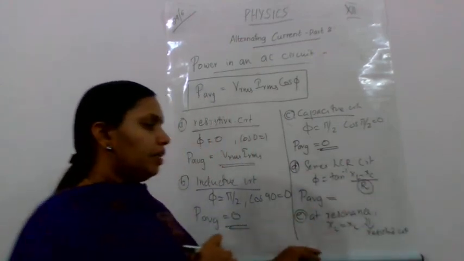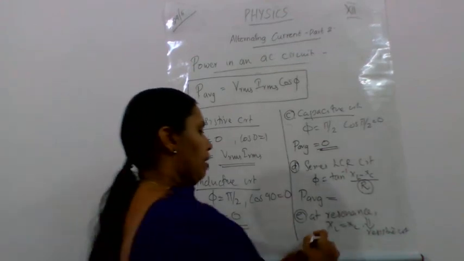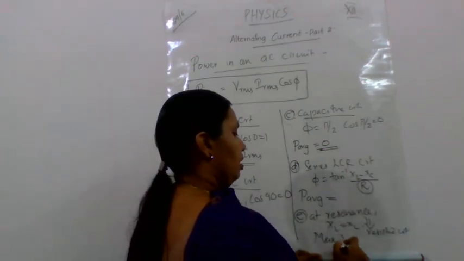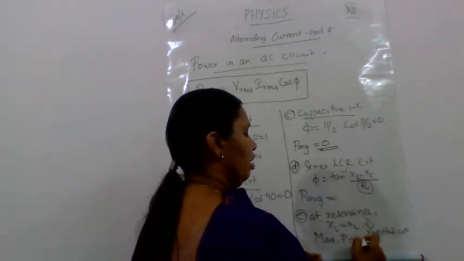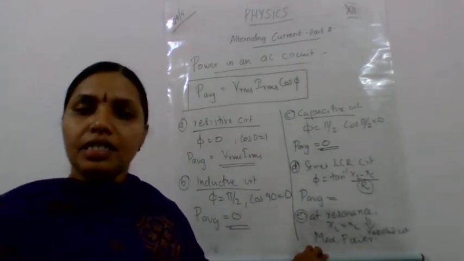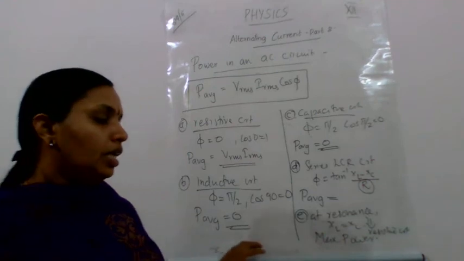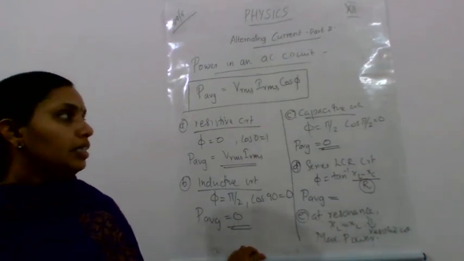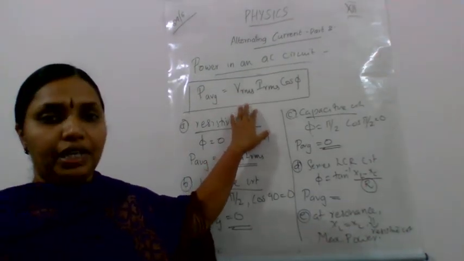So what will be the power consumption there? There will be maximum power consumption in a series LCR circuit at resonance condition. So these are the special cases of an AC circuit and its average power.